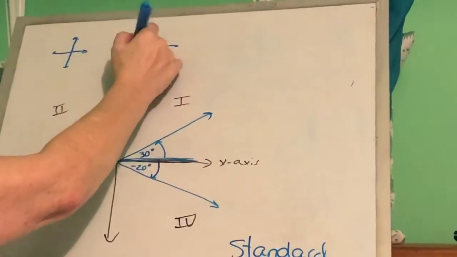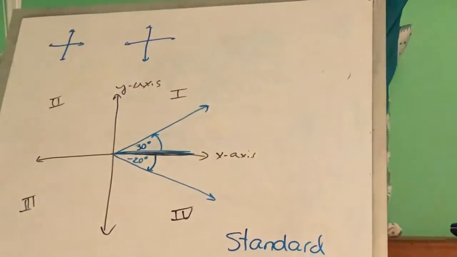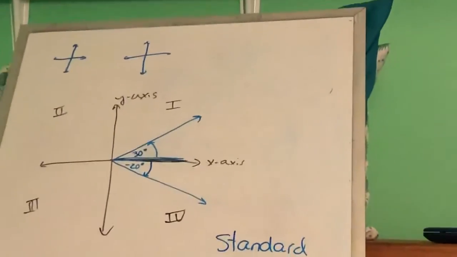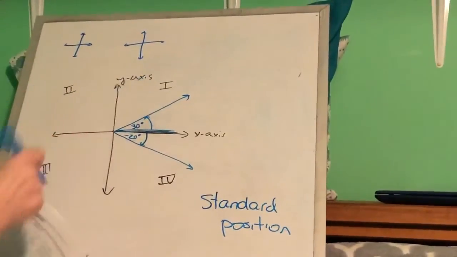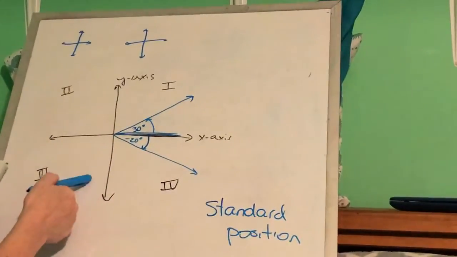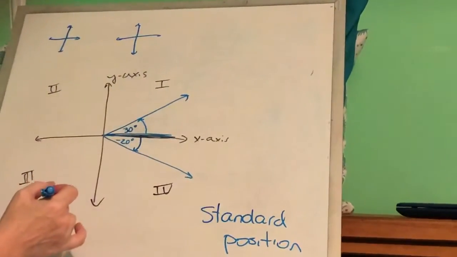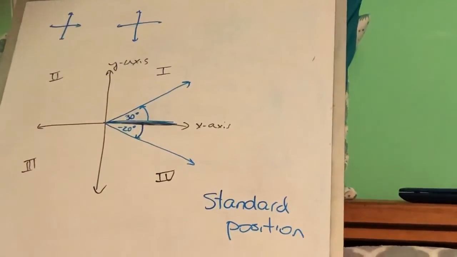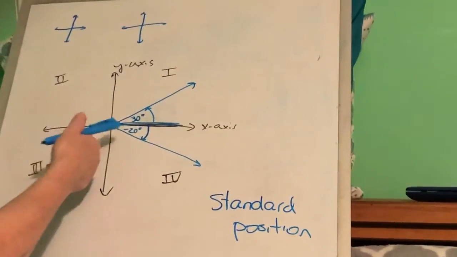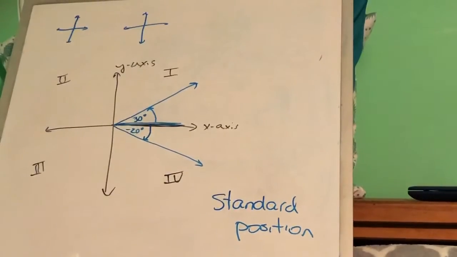Don't make them any bigger than they have to be, unless you have your own graph paper at home and you have an endless supply, then make them as big as you want. But you need to try to fit them all on there. It would be helpful to me if you put your Cartesian plane in pencil, and use ink for your graph, or something that makes it stand out from the other part, so I can see, like here, that the initial side is on the x-axis.